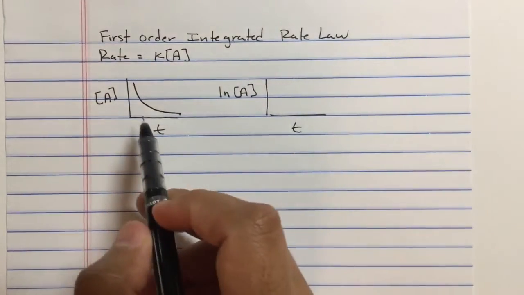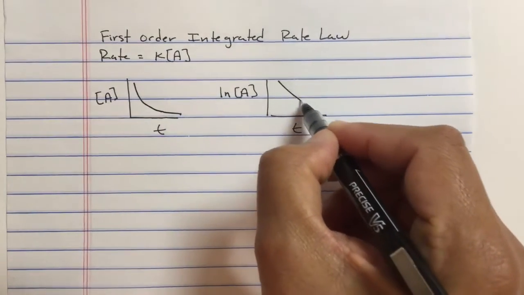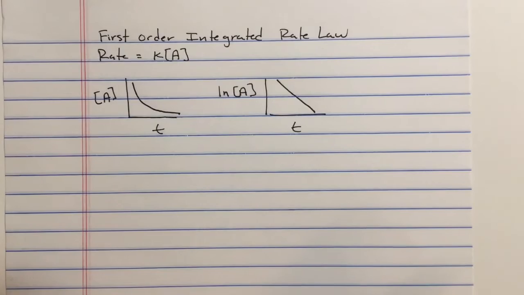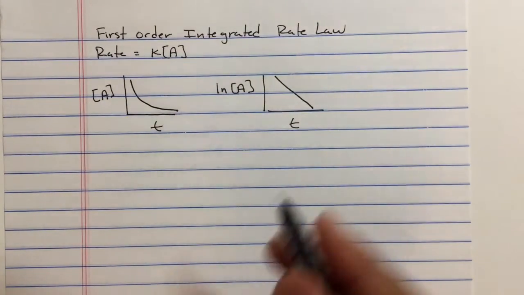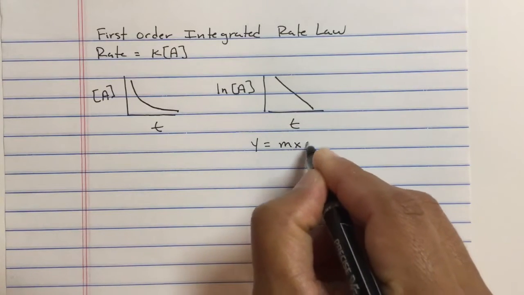And sometimes when you do this with these curves, you'll get straight lines that look like this. Working with straight lines is easy. We like doing that because we can do this y equals mx plus b.